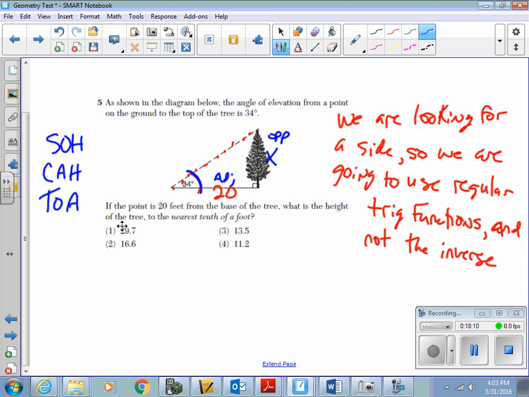If you look at these three trig functions, the only one that does not involve the hypotenuse is our tangent function. So remember, tangent of an angle is equal to the opposite side, which is X, or whatever you want to call it, over the adjacent side, which is 20.